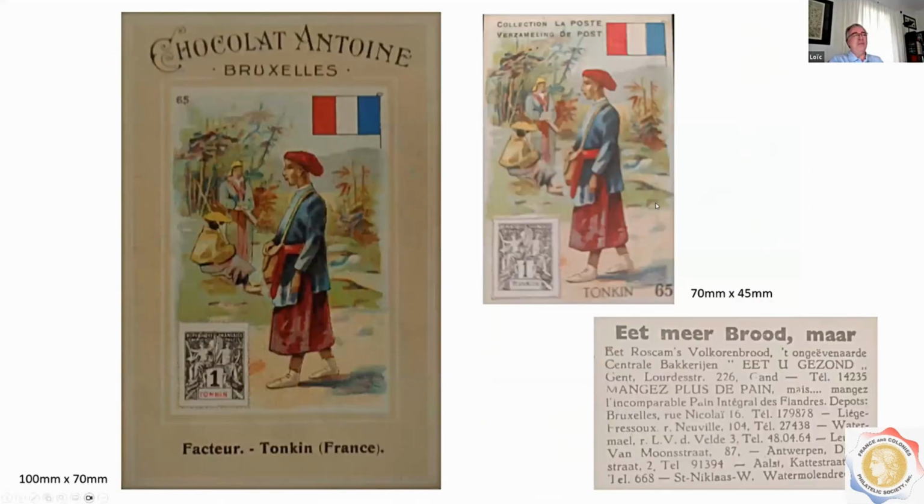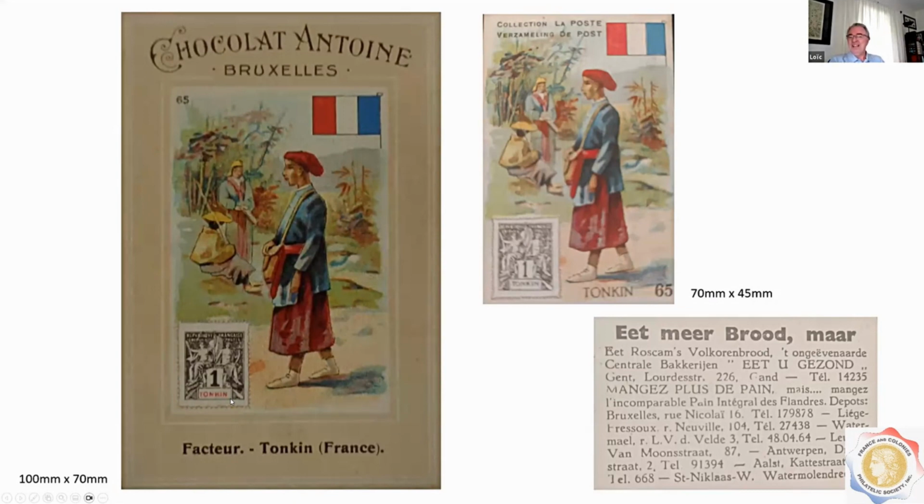So I'm going to assume that there was probably one company that was printing those cards, and they made them on order for different customers, because we have here that same Chocolat Antoine from Brussels, this time number 65. This time is a Facteur from Tonquin in France, and they use a 1 centime from Tonquin, which never existed.